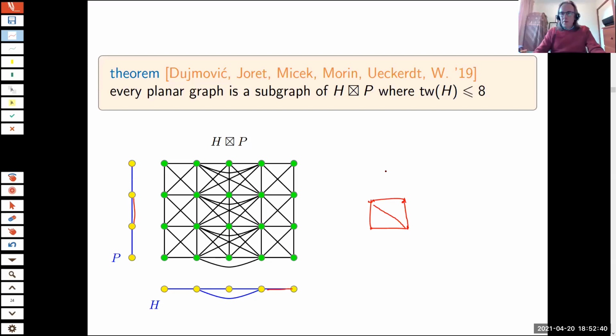I would be very surprised if that was possible, because these product structure theorems are weaker than the Robertson and Seymour graph minor structure theorem in the following sense. Robertson and Seymour's graph minor structure theorem can be paraphrased as follows. It says, for a given integer t, the graphs that do not have K_t as a minor can be constructed by a small number of ingredients.